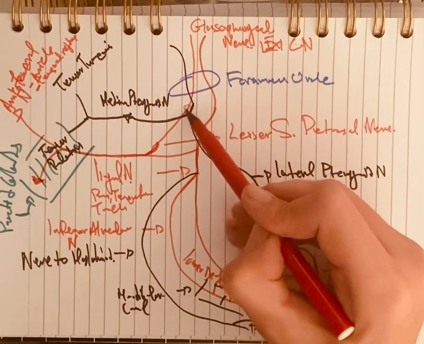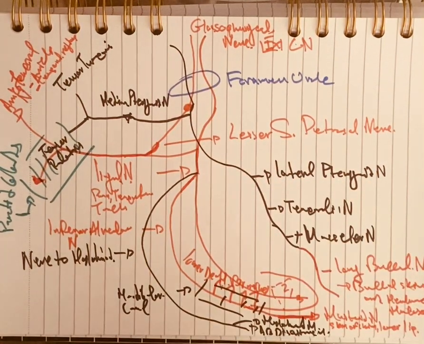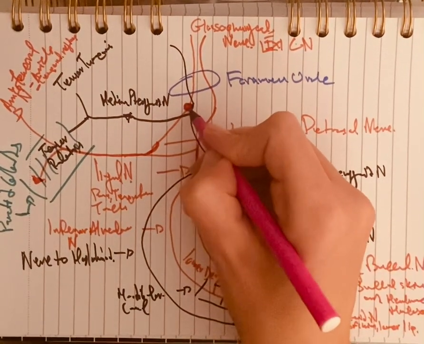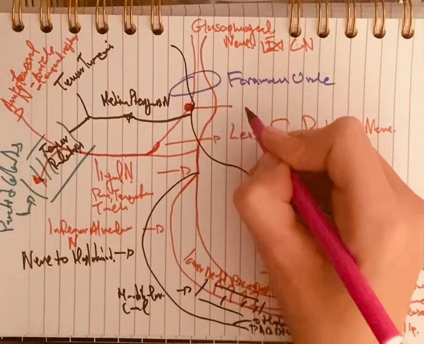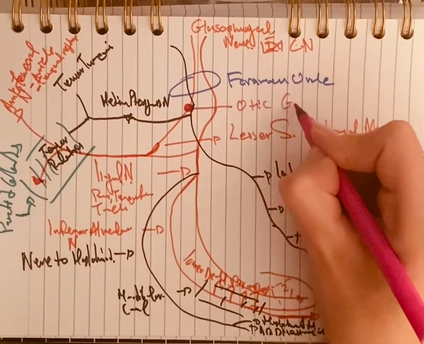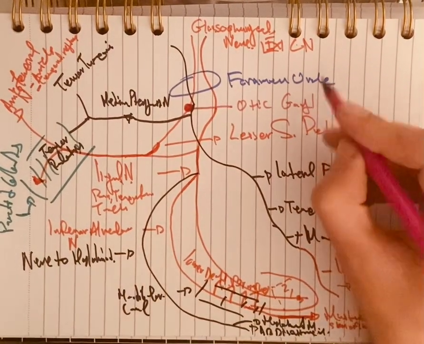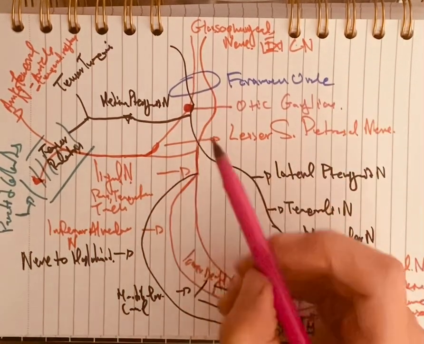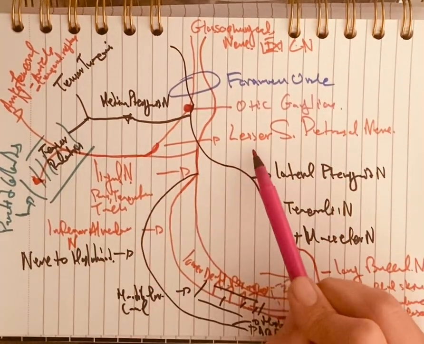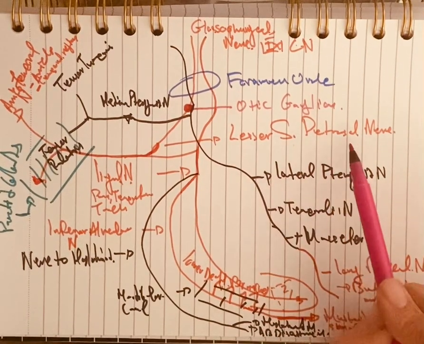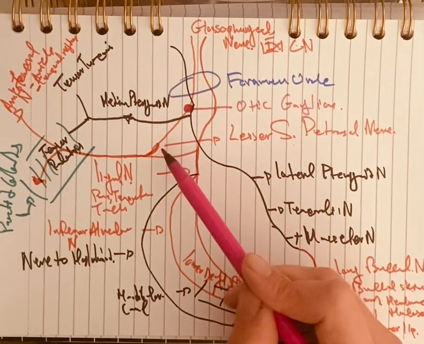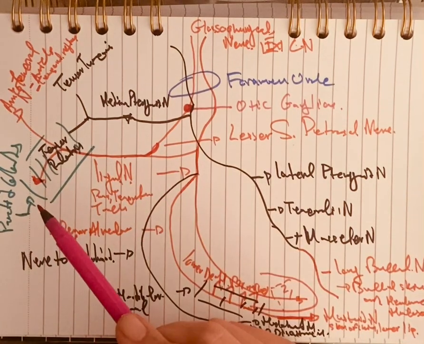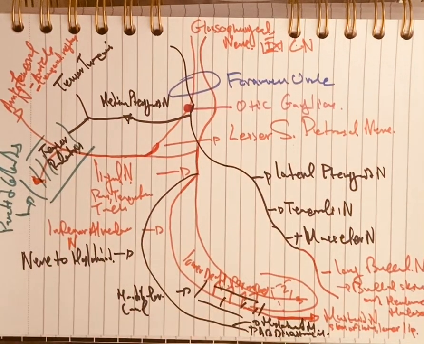and creates here, let me make it more clear here with another color, the otic ganglion. So it makes the otic ganglion that gives the branch of the lesser superficial petrosal nerve in order to innervate the parotid glands.